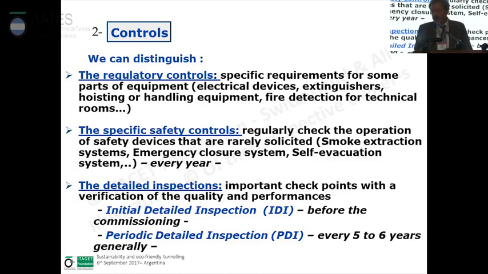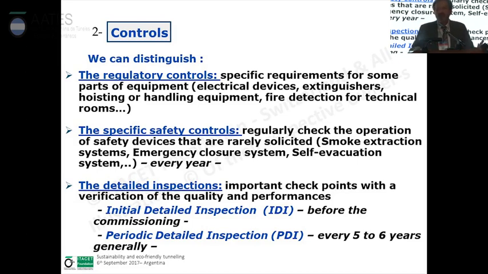You also need to have a specific safety control. If, for example, you have a ventilation system or smoke extraction system in a tunnel, it works when there is a fire. It means that very rarely, perhaps not last year, is there a need to activate the smoke extraction system.